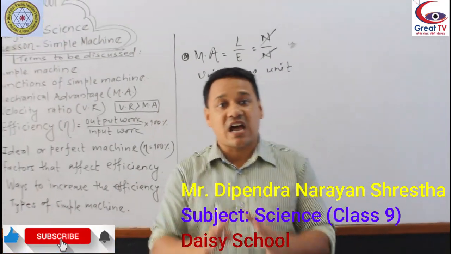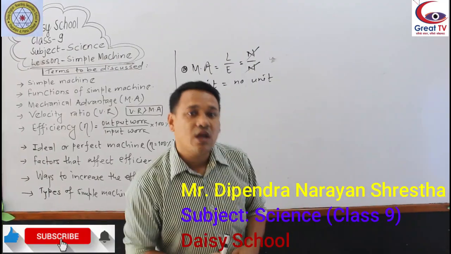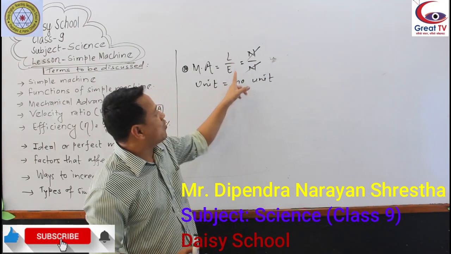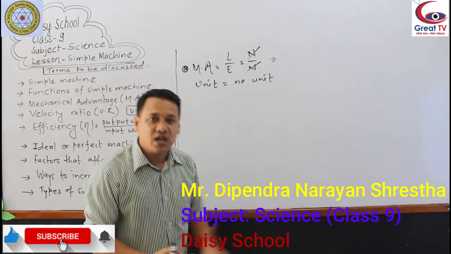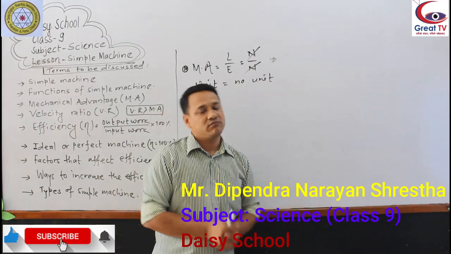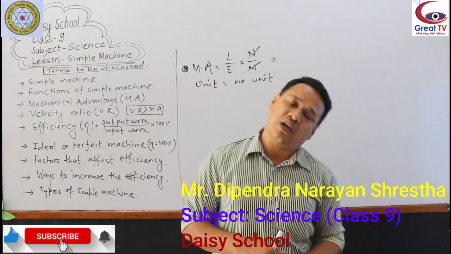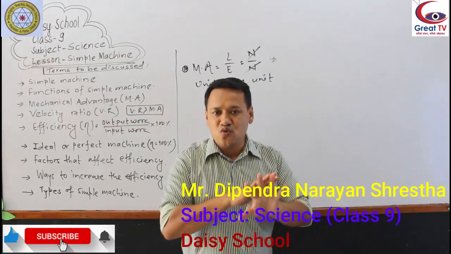Mechanical advantage has no unit. Why? Because it is a ratio of the same physical quantity, load and effort. Both have the same unit, Newton, and they cancel each other. That is why mechanical advantage has no unit.